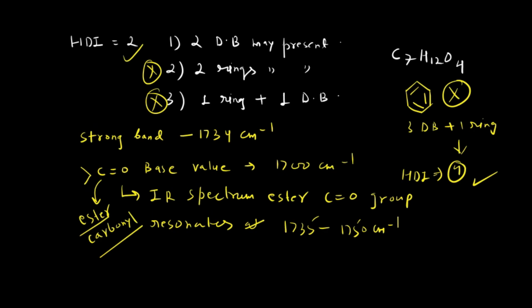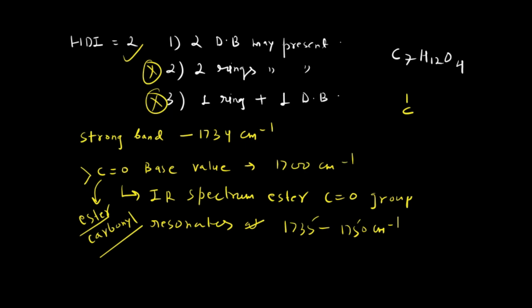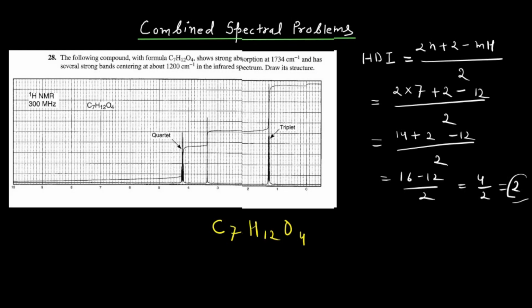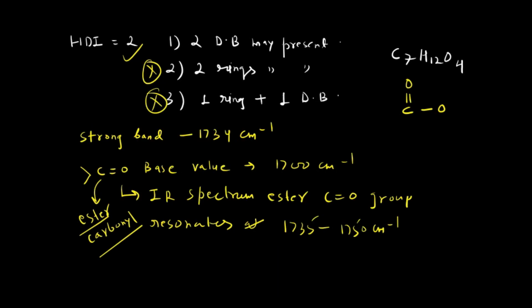When an ester carbonyl group is present, you can draw the functional group of the ester. So I am removing this here. This is carbon double bond oxygen and this is O. Again you can go back and check, there are several strong bands centering at about 1200 centimeter inverse. What is it indicating?